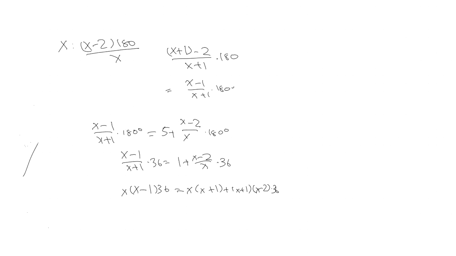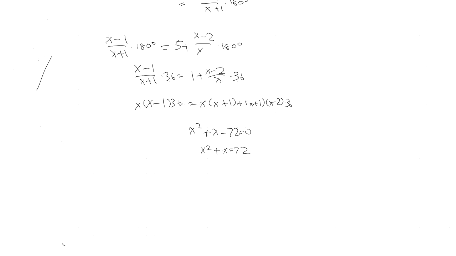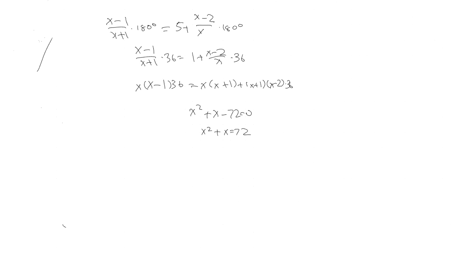So we can change that to x squared plus x equals 72, or factor that into x times x plus 1 equals 72. Now, this equation you could solve using the quadratic formula or some other method, but I prefer a method that is easier to do.